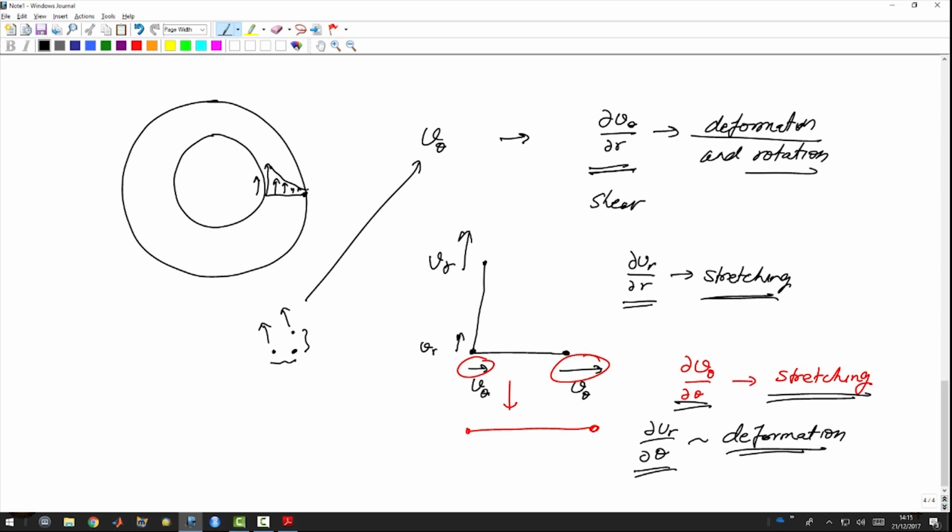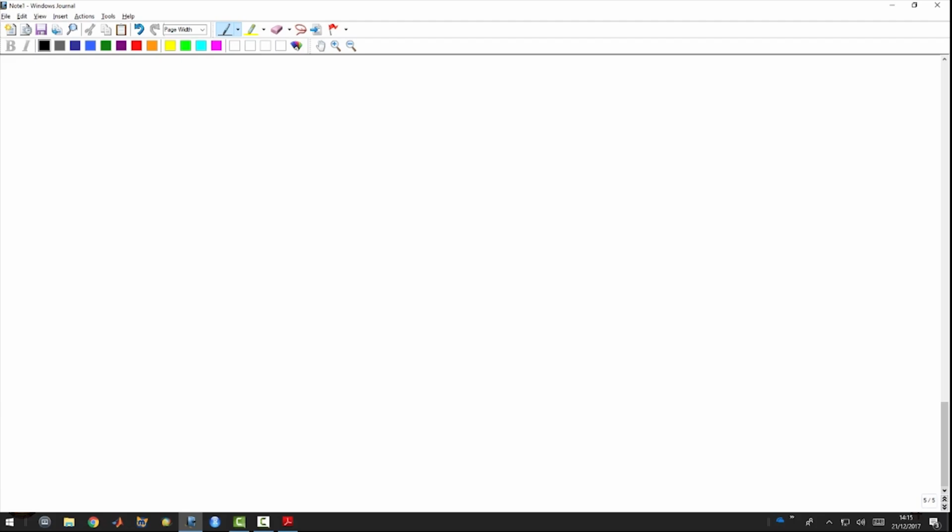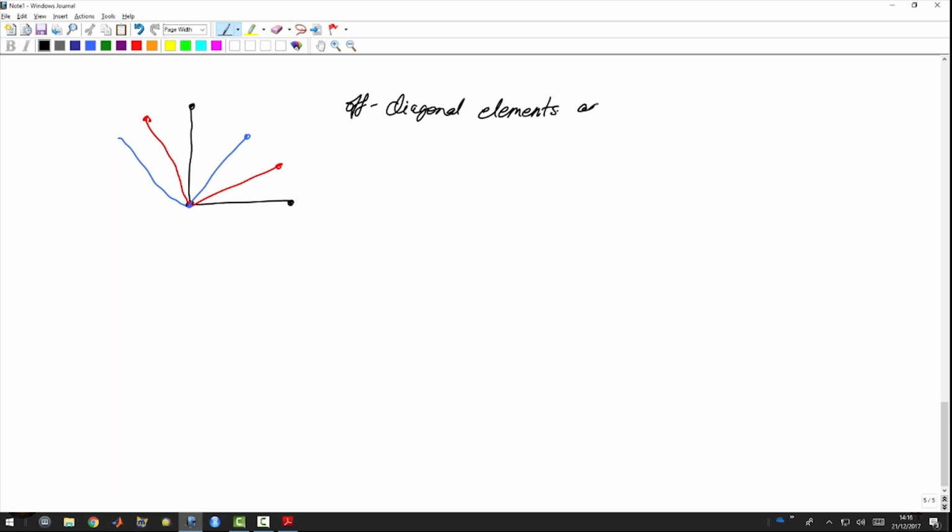And if we have a wire like this in the fluid, and with time this wire keeps on doing this kind of a motion, what we can clearly see is that this is a rigid body rotation. So in this case the diagonal elements are equal, and the off diagonal elements are equal in magnitude and opposite in direction.